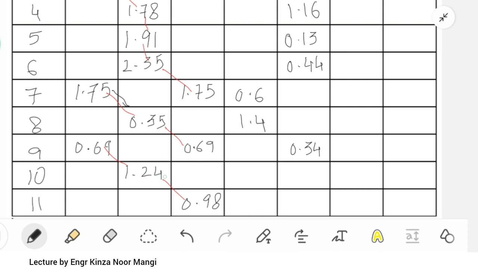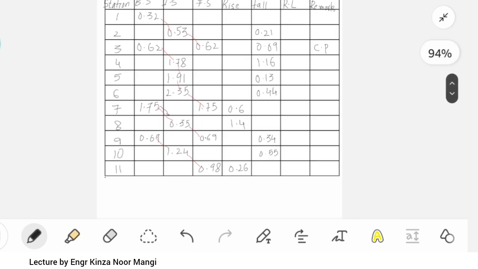Okay, so this is negative 0.55, that's why it went to the fall column. Okay, 1.24 minus 0.98 will give us a positive value of 0.26. Okay, so we have calculated the rise and fall values.